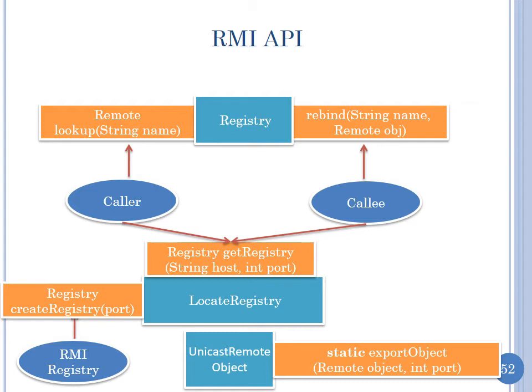And if you want a proxy to be registered with the registry, then you must export the object first. Okay, so exporting the object creates a proxy, and the rebinds after that will register proxies for that object rather than the object that was really passed to rebind. Okay, so rebind takes a name and an object as an argument, and if the object has been exported, then the object is not registered, the proxy is registered.